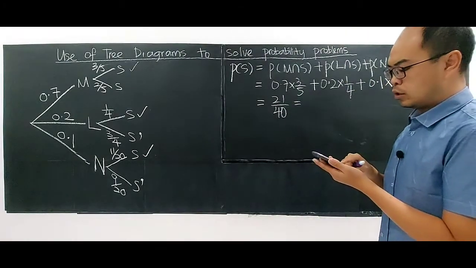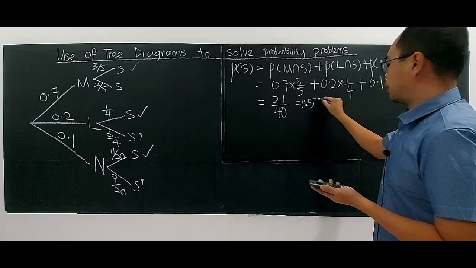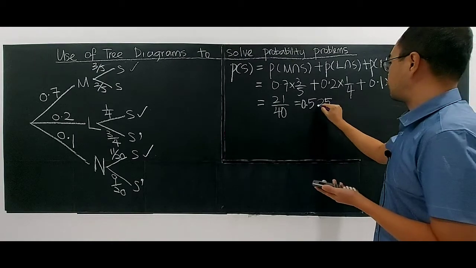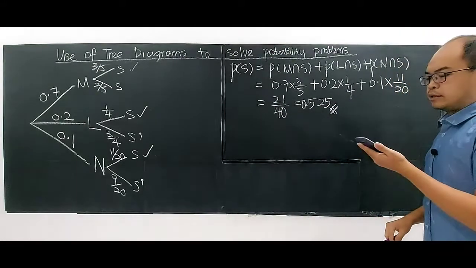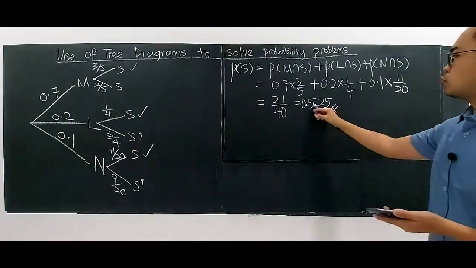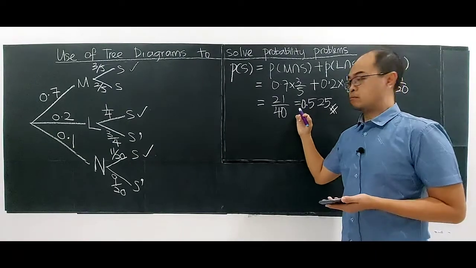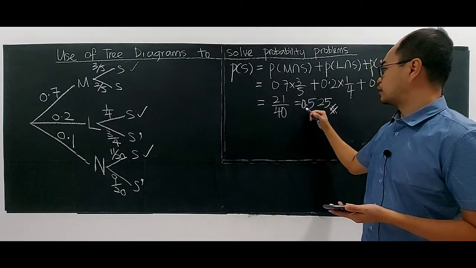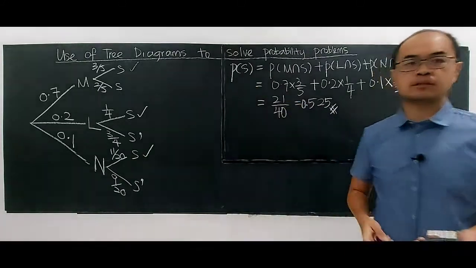Converting, it's 0.525, which is the probability. So the percentage is 52.5%, meaning slightly more than half of the customers take sugar.